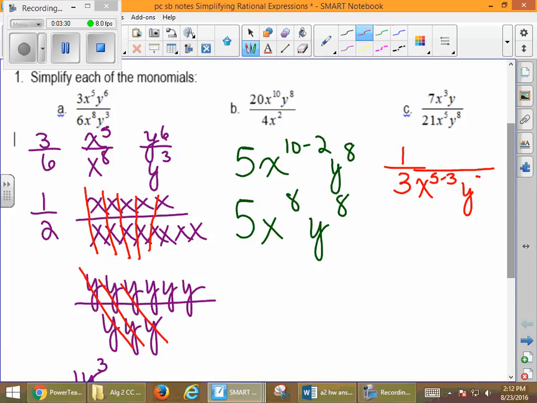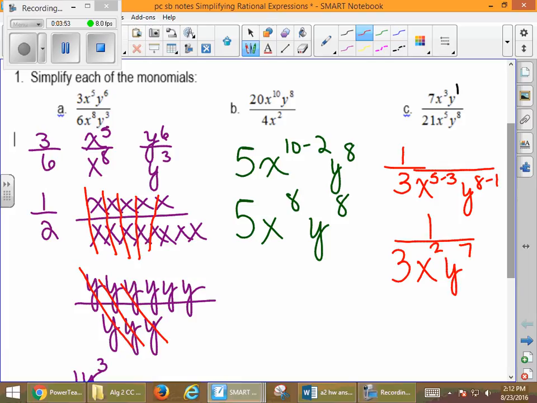It's going to be y to the 8 minus. Notice that there's no exponent written on the y. It's a 1 if it's not written. So we're also going to subtract there. So we end up with 1 divided by 3 x squared y to the 7th.